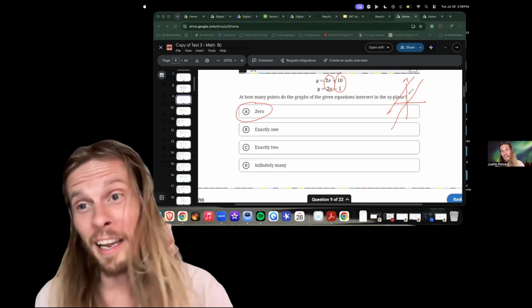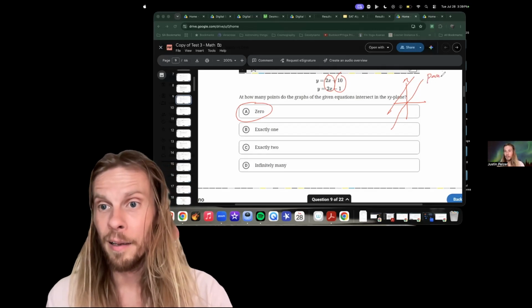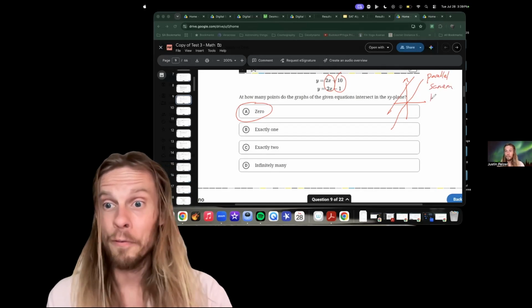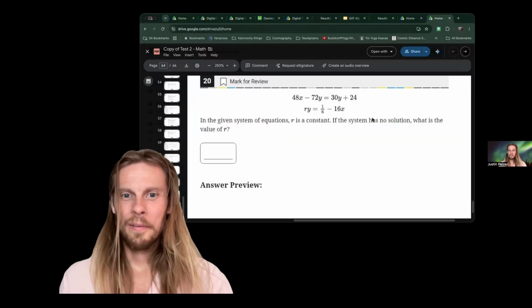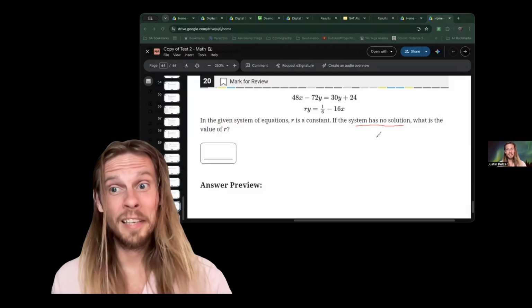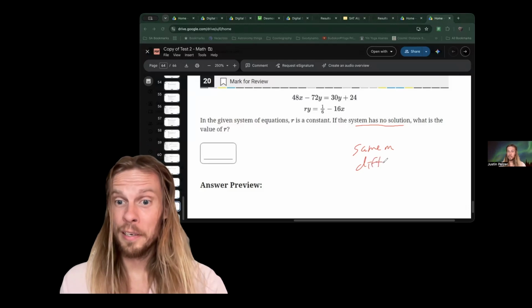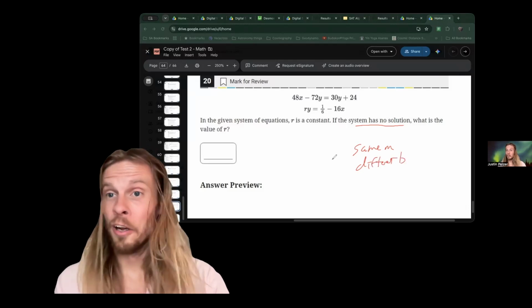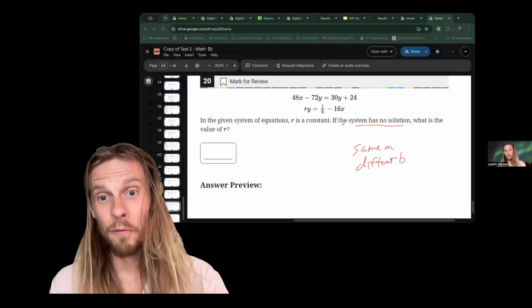The point is, they don't intersect ever because they are parallel, because they have the same m but different b's. Boom. If you come across something like this, don't panic. If a system has no solution, you know exactly what that means. No solution means same m, different b. That's all that matters.